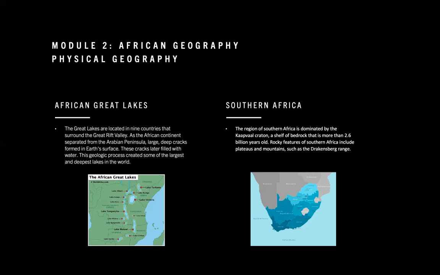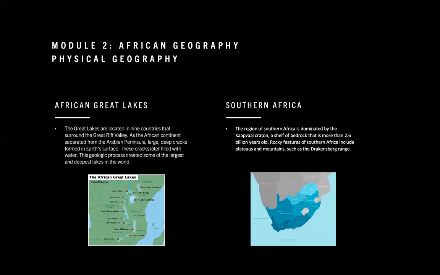The Great Lakes are located in 9 countries that surround the Great Rift Valley, as the African continent separated from the Arabian Peninsula. Large deep cracks formed in the Earth's surface. These cracks later filled with water. That is the reason why there are Great Lakes in the continent. Another factor is that what makes these lakes great is the depth of the lake beds.